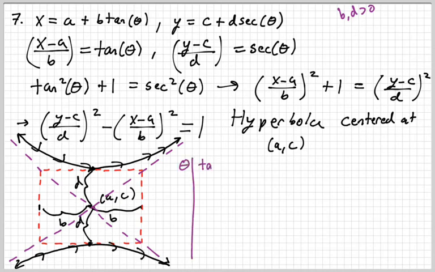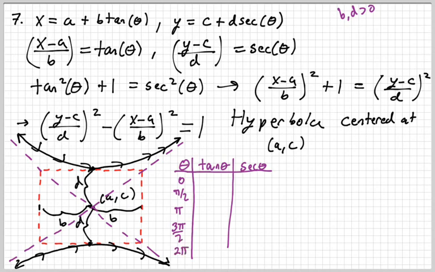We're going to graph the tangent of theta and also the secant of theta. The period of tangent is pi, the period of secant is 2 pi, so we'll graph it on 2 pi, so we get 2 full periods of tangent and 1 period of the secant. So 0, pi over 2, pi, 3 pi over 2, and 2 pi.